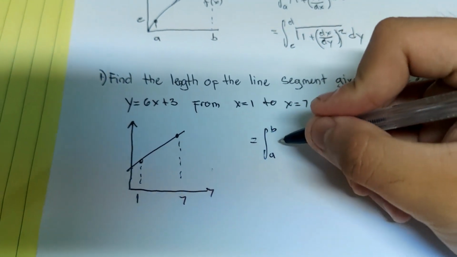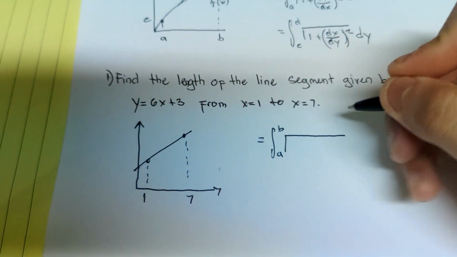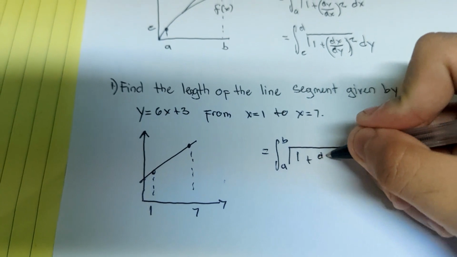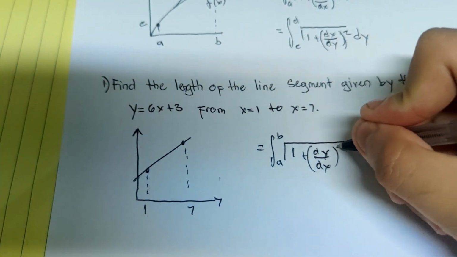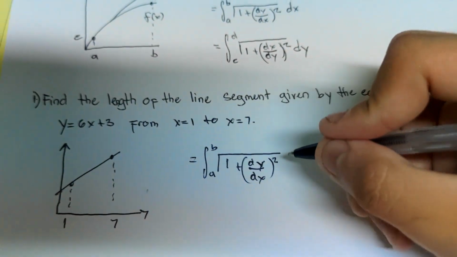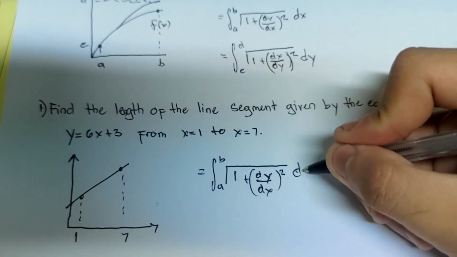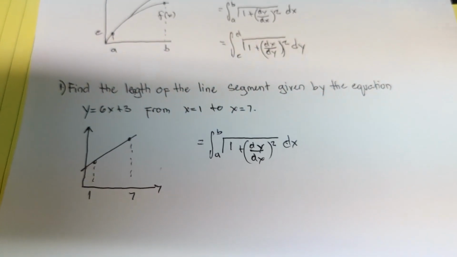the integral of a to b of the square root of 1 plus (dy over dx) squared dx.